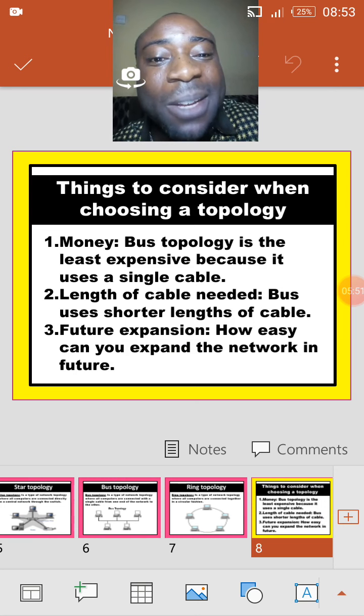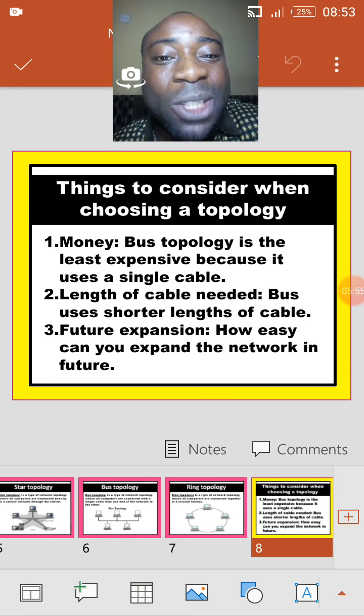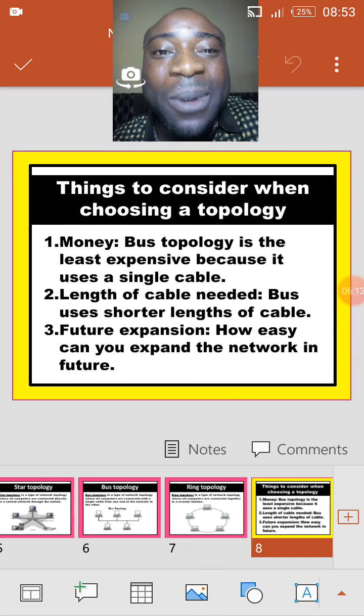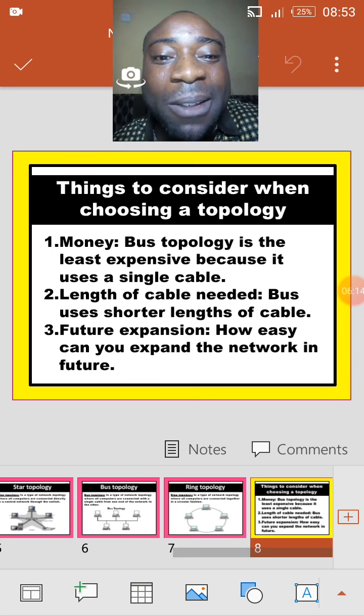Now, the length of cable is another thing we need to consider. Bus uses shorter lengths of cable, as you can see, because it's a single cable that connects the computers, and the computers must be close to one another. So that's another thing to consider when choosing a topology. Now, another thing is future expansion. How easily can you expand the network in future?